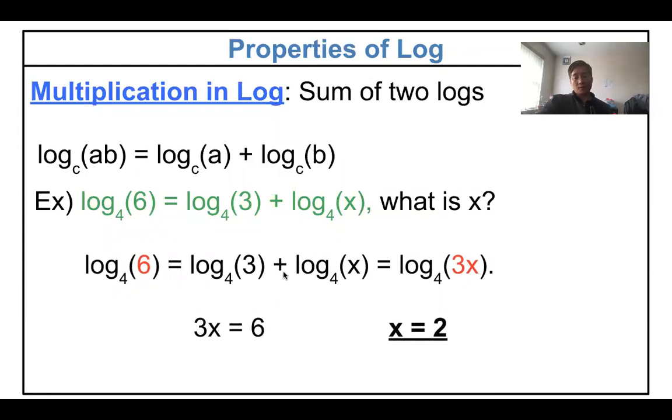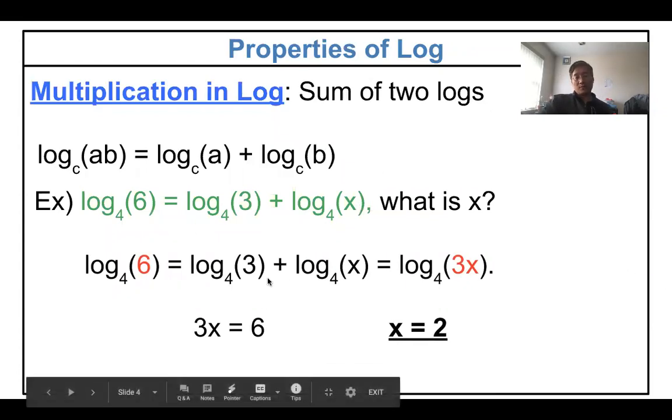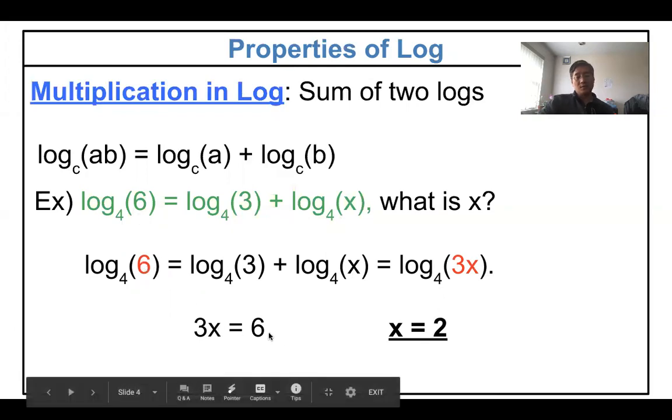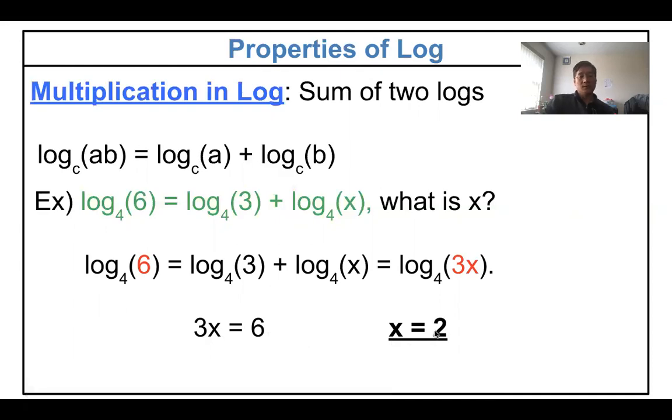Or you can do this one backwards: log 4 of 3 plus log 4 of x is the sum of two logs. When you combine into one log, you multiply 3 and x, so 3 times x is 3x. So 3x equals 6. So what is x? You can do it either way. That's the multiplication in log.